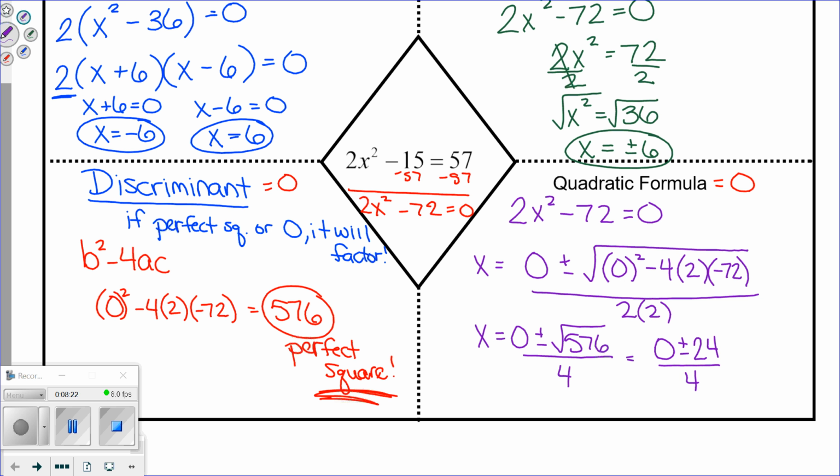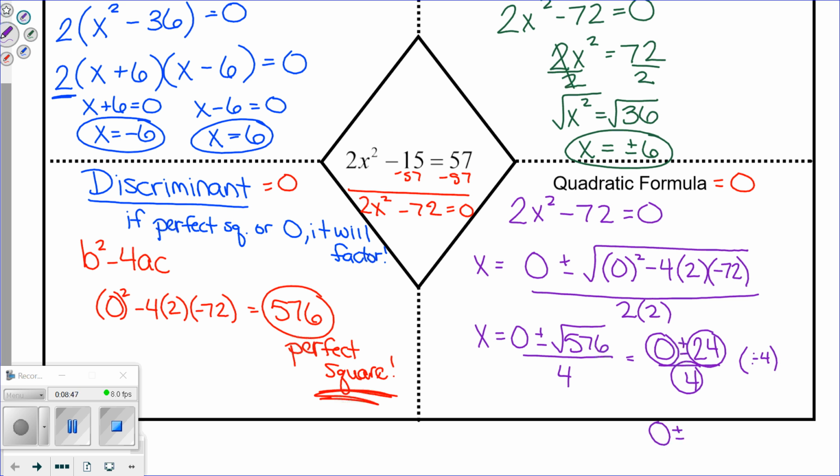Can I divide all 3 numbers? 0 divided by anything is still 0. You know that, right? So now let me ask again. Can I divide all 3 numbers? I can divide them all by 4. What's 0 divided by 4? 0.